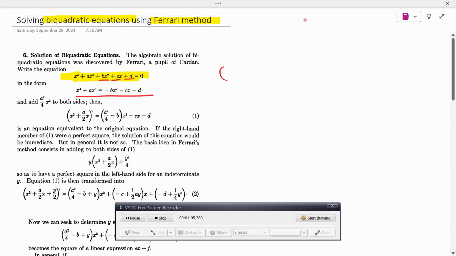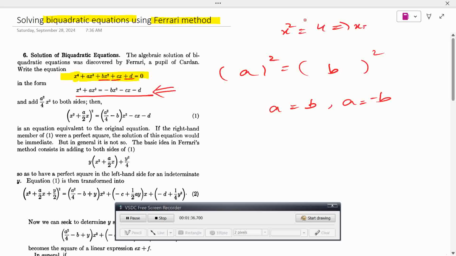We will be trying to make squares on both sides. We will have to add some terms in this equation so that both sides will be a square. After that, if this is a square and this is b square, we can cancel and get a is equal to either plus b or a is equal to minus b, right? x square is equal to 4 implies x is equal to plus or minus 2.